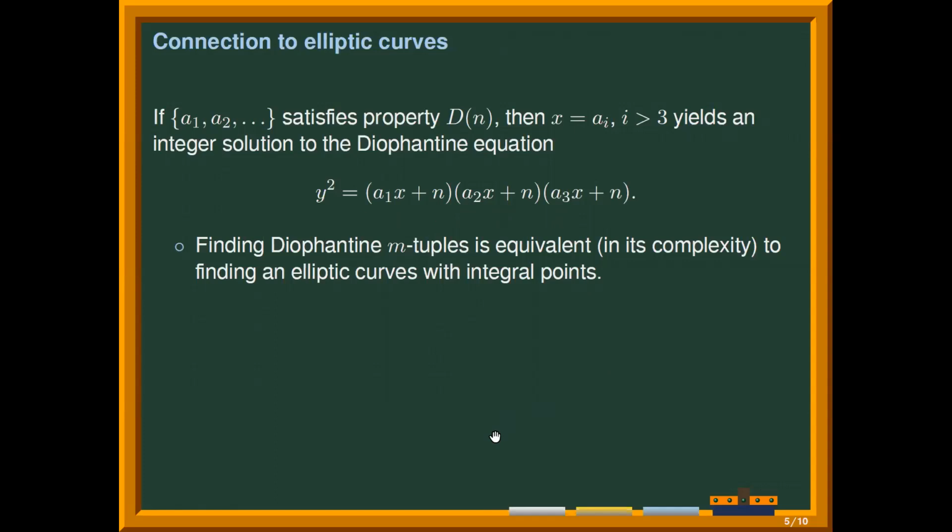Two more questions. That's good that there are a lot of questions. So I'm looking at this, and just so I can understand the framework, are we thinking about this in terms of: if we have a Diophantine 3-tuple with property d of n, and we encode it as this elliptic curve, we can then find additional integral points on the elliptic curve in order to extend the 3-tuple?